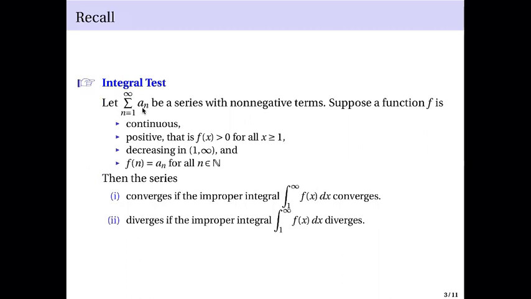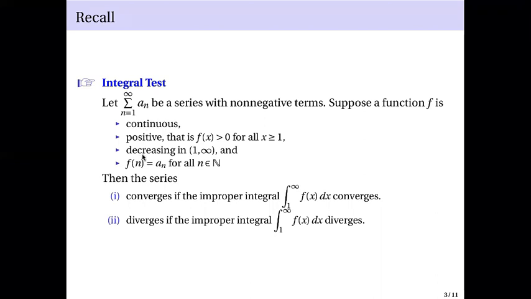We have the sum of a_n to be a series with non-negative terms, meaning your a_n will be greater than or equal to 0. And suppose we have a function f which is continuous, which is also positive for all x greater than or equal to 1, meaning f of x is greater than 0 for all x greater than or equal to 1.